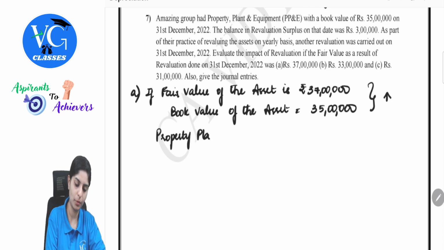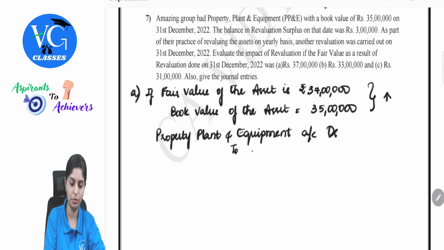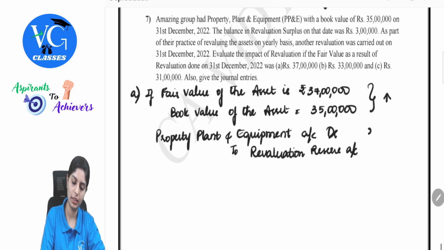So the journal entry for this will be property, plant and equipment account debit to revaluation reserve account. The increase is by 2 lakh and 2 lakh.